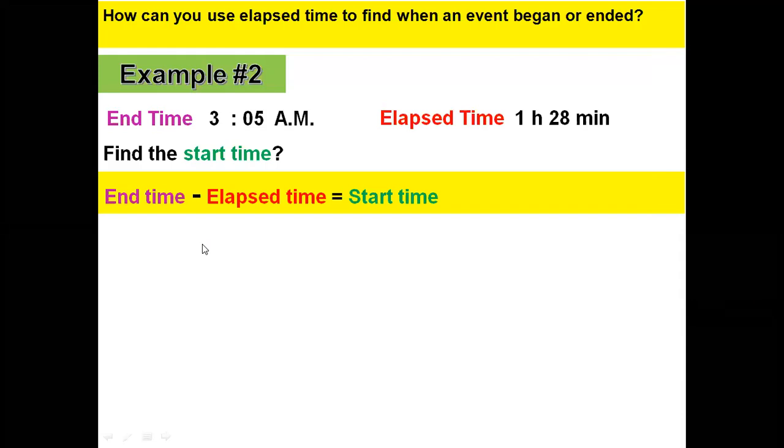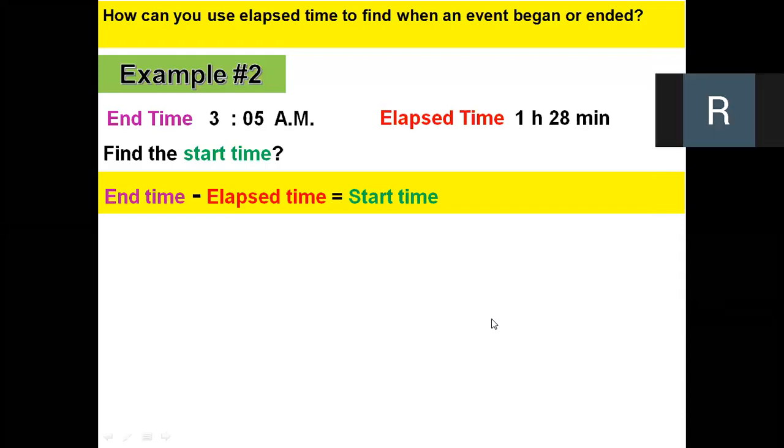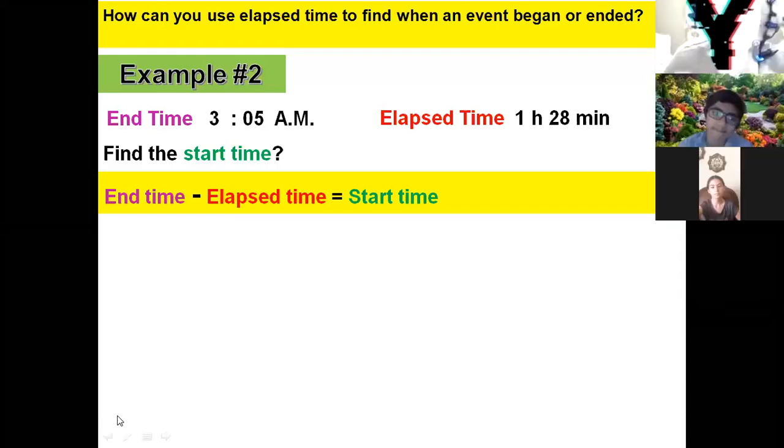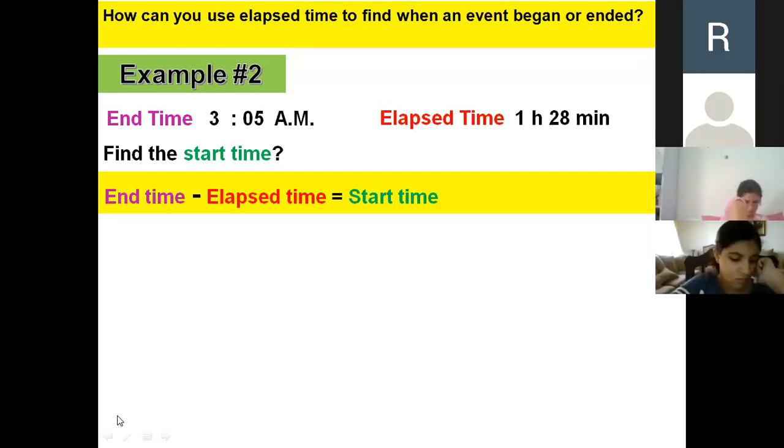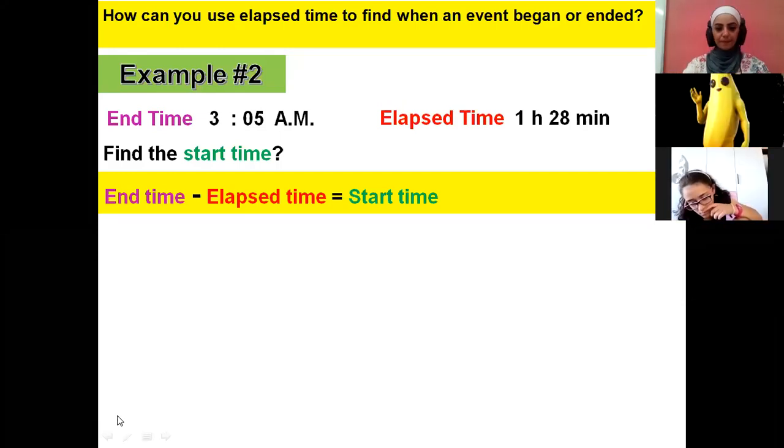Let me see. There is Rama. Yes, Rama. Rama, are you there? Yes, teacher. Yalla, Rama. Where's the question, teacher? Where is it?